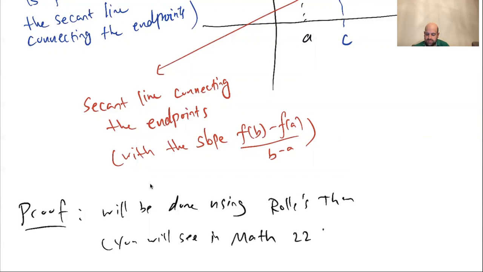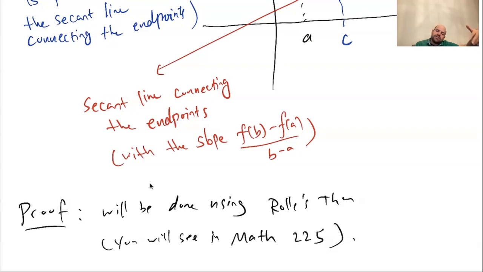So for this course, we don't require the proof of the mean value theorem, but I just want you to know that it can be done using Rolle's theorem, and some trick, of course, because in Rolle's theorem, you need a function where f of a equals f of b, but in this case, we don't have f of a equals f of b necessarily.